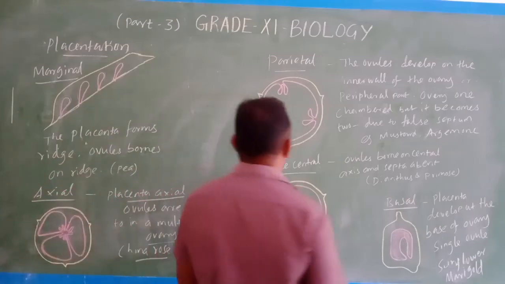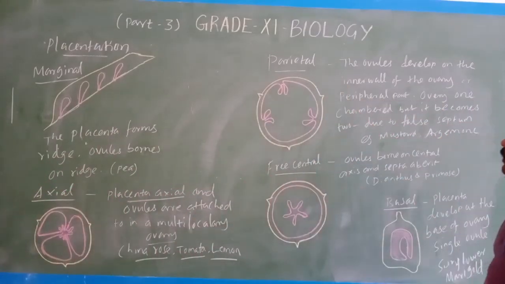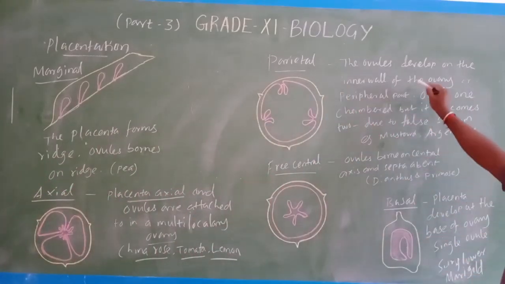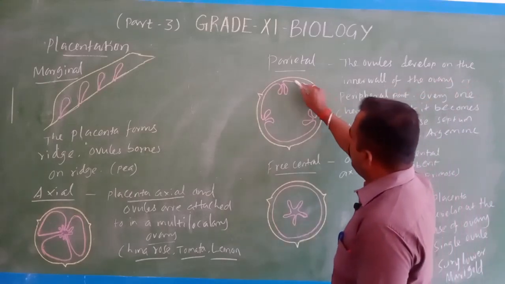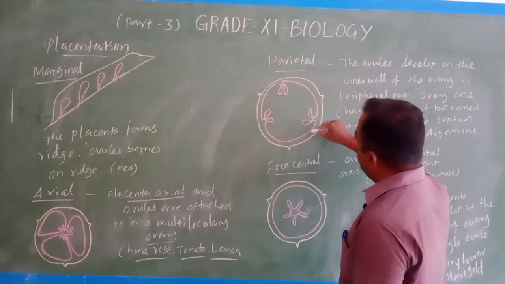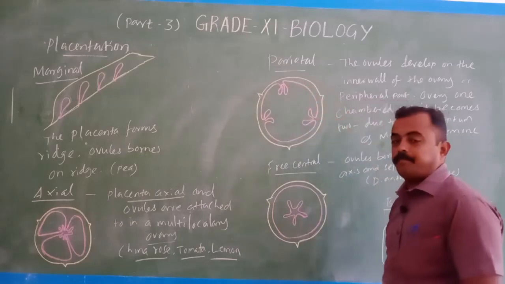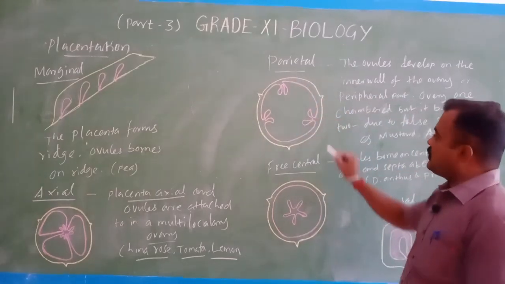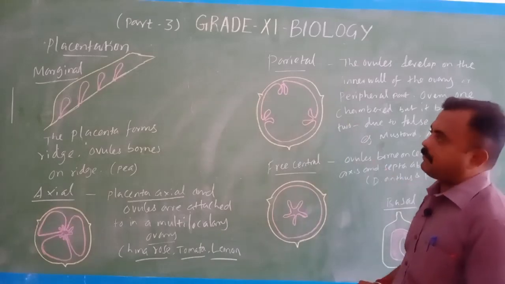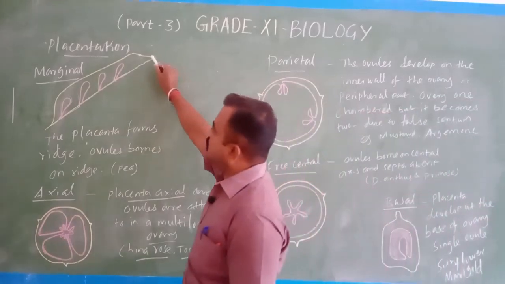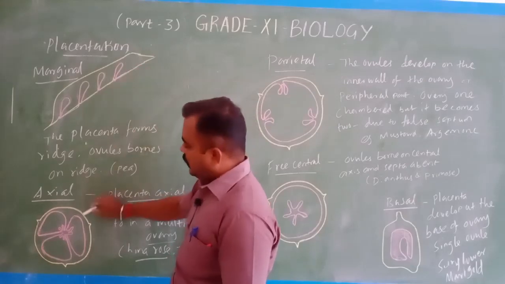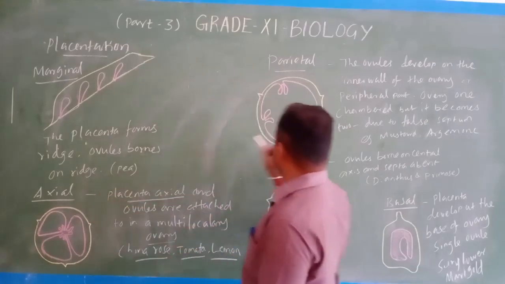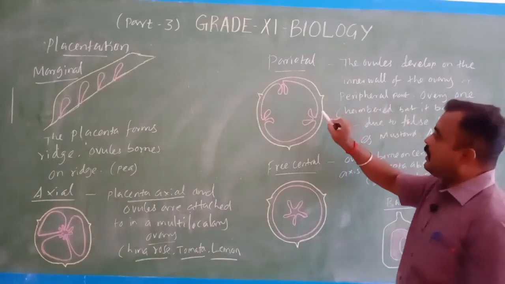The next one, parietal. In parietal, the ovules develop on the inner wall of the ovary. This is the outer wall of the ovary, and this is the inside.